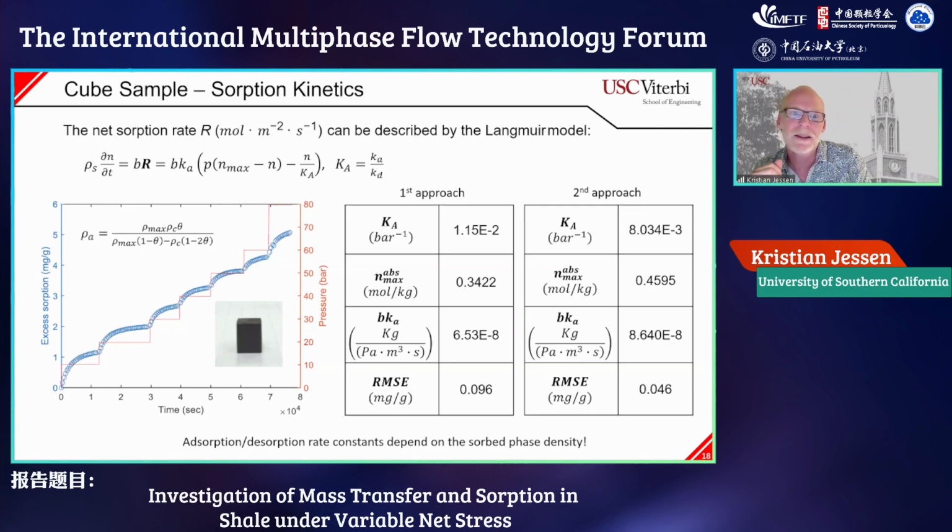We haven't done those types of experiments because that would require you to take out a pristine subvolume of matrix without any micro cracks or fractures inside, and try to do mass transfer experiments into those. So it's really hard, at least in my mind, and there might be some good solutions out there that I'm unaware of, to integrate the impact of net stress on mass transport in the matrix.